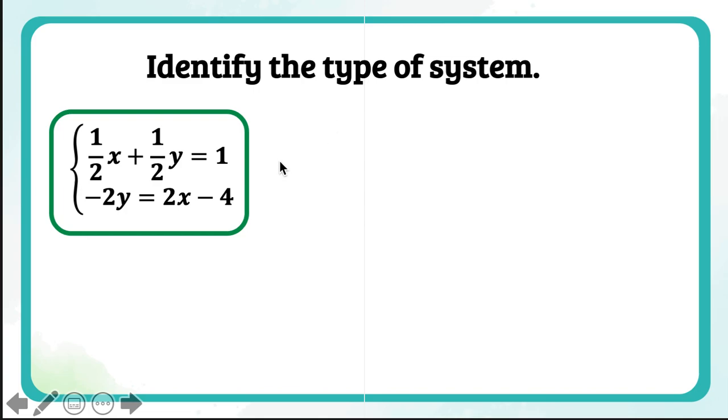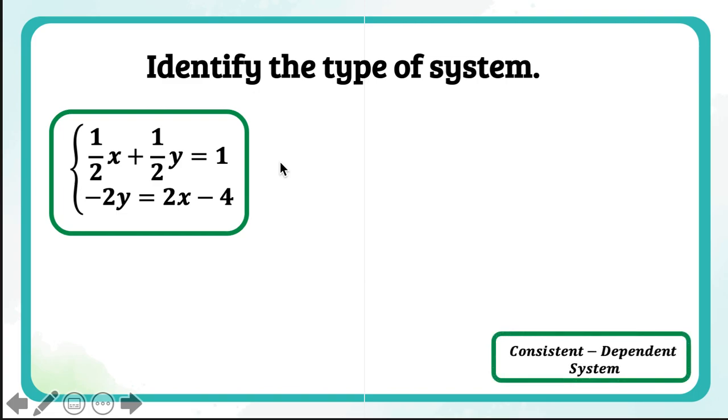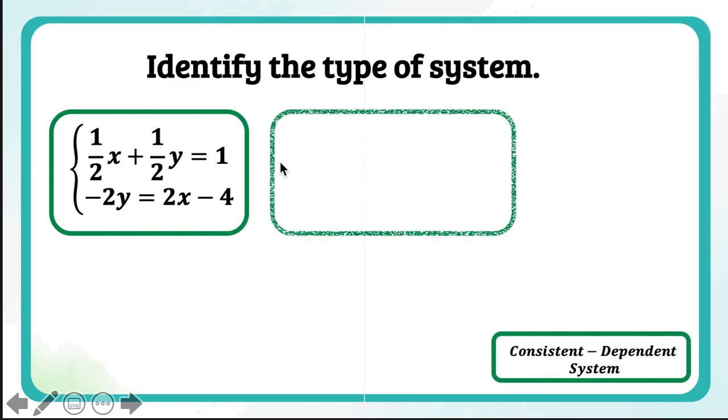So to change that one, what I'm going to do here is to multiply both sides of the equation by 2. So as I multiply both sides of the equation by 2, 2 times 1 half, the answer is 1. So just simply x. And then 2 times 1 half, the answer is 1. So just y. And then 2 times 1, the answer is 2.